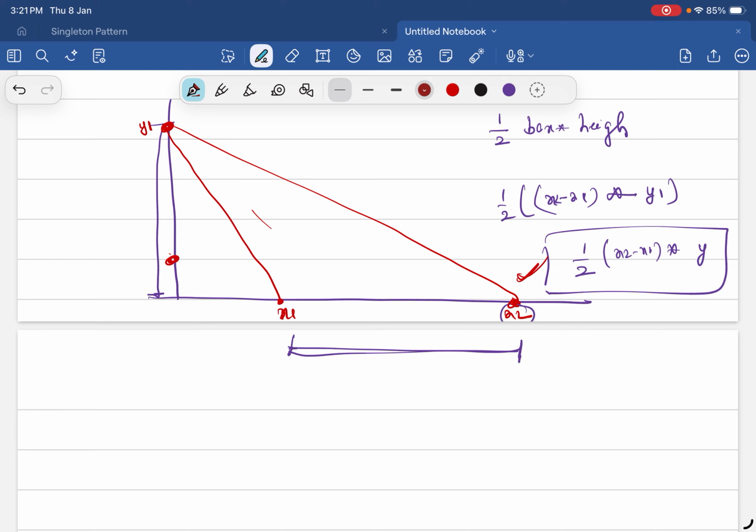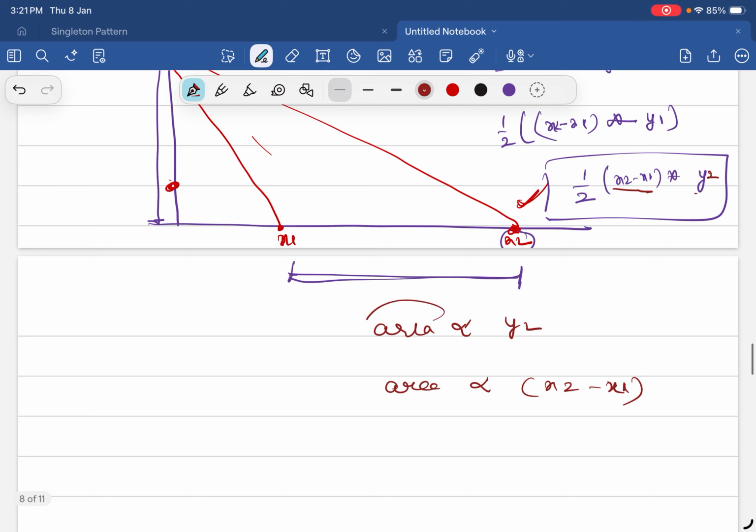Now the area which is half x2 minus x1 into y, or you can say y2, anything is okay. Let's say if this is y2, then if you see here the area is directly proportional to y2, and the area is also directly proportional to x2 minus x1. Yes, now if I want to maximize this area, I can increase my y2, I can increase the x2 minus x1.